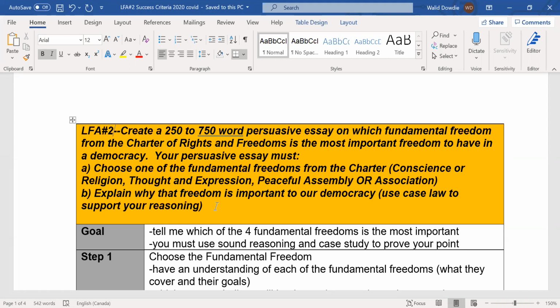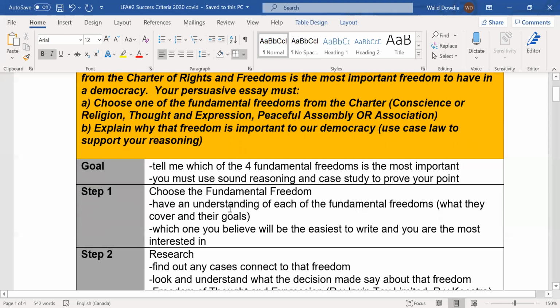So the first step is choose the fundamental freedom. You have an understanding of each of the fundamental freedoms, what they cover and their goals, and which one you believe will be the easiest to write and the one you're most interested in. So when choosing it, you try to understand what each of those fundamental freedoms are, and then think about which one you can write easily and which one you're most interested in.